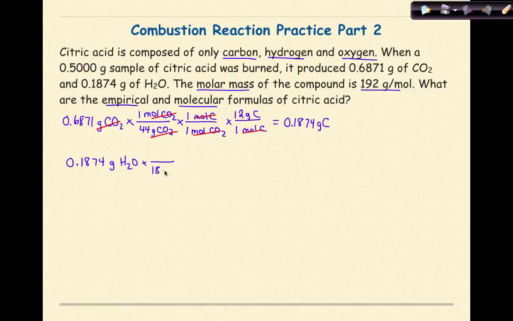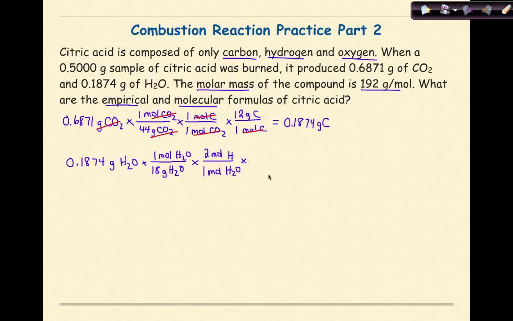So 18 grams of water is equal to 1 mole of water. So that's always the first thing we're going to do. Then, the most important step, we know that for every 1 mole of water, we're going to have 2 moles of hydrogen, which is great.